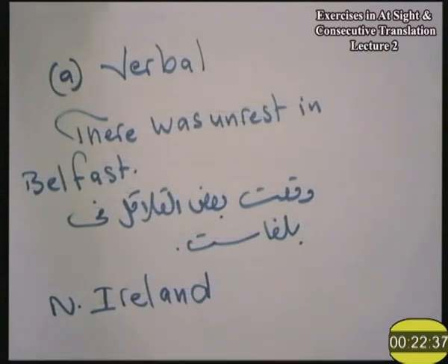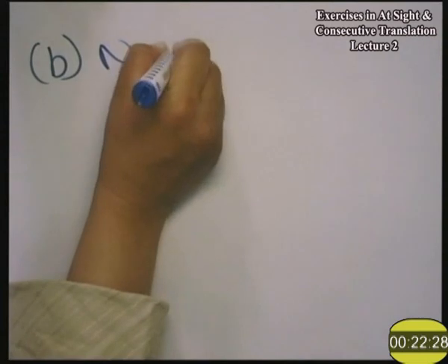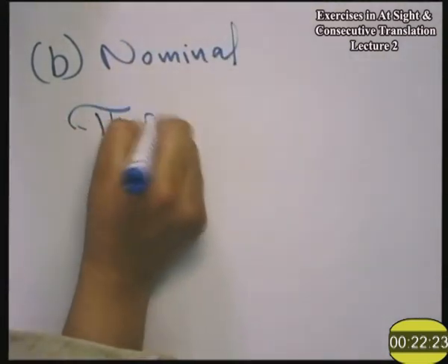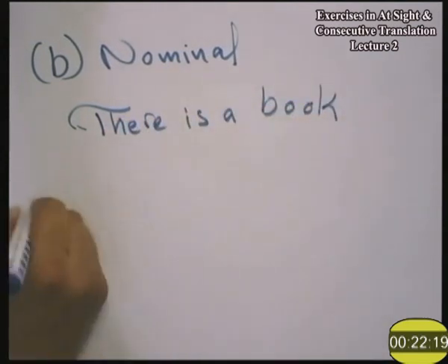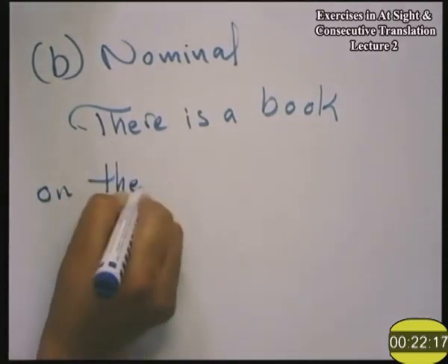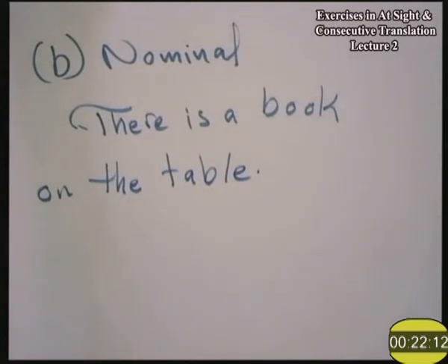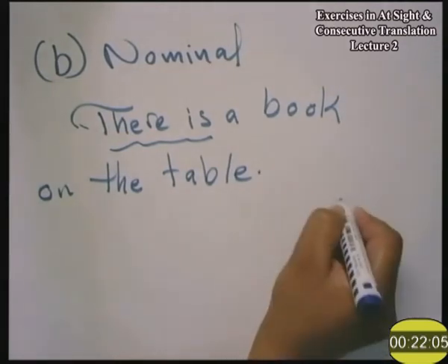Okay, now let's see how there is translated into a nominal sentence. There is a book on the table. It is never ever translated as هناك أو يوجد. غلط جدا.